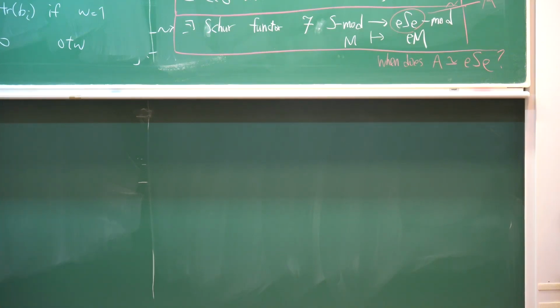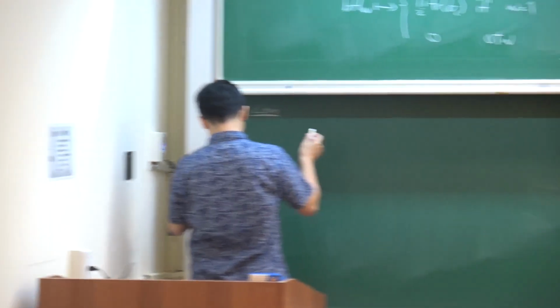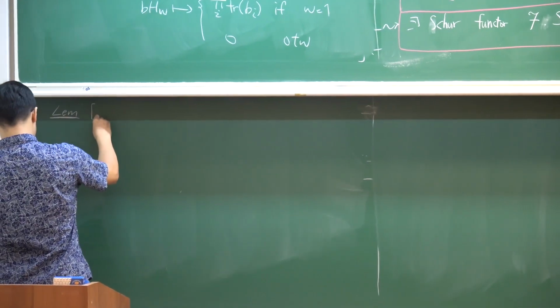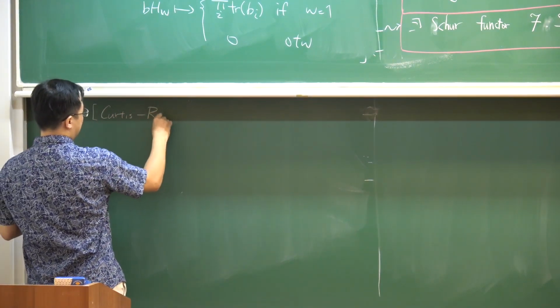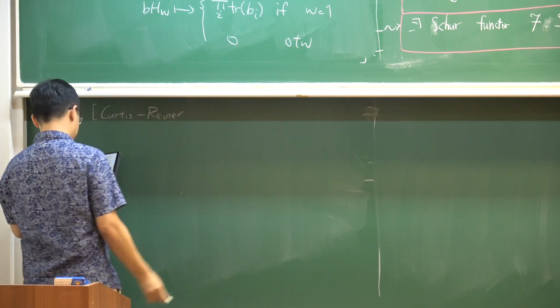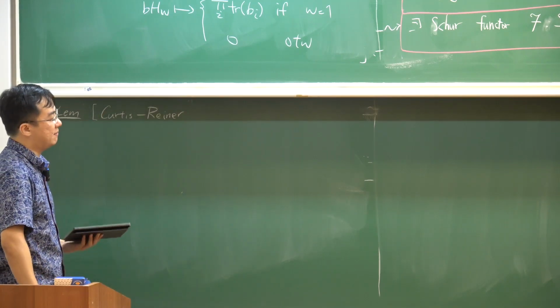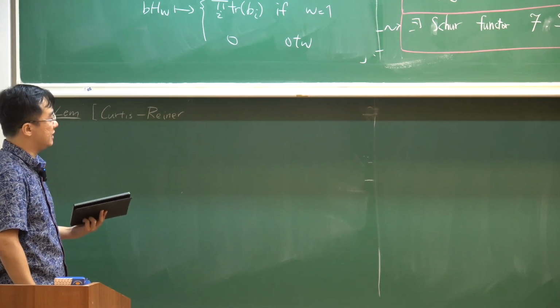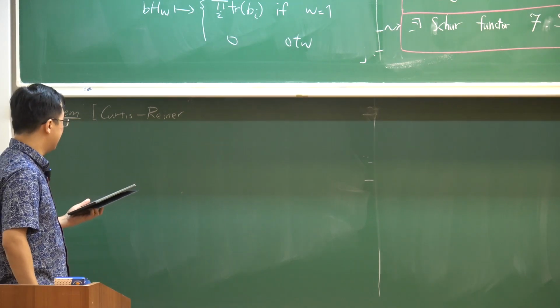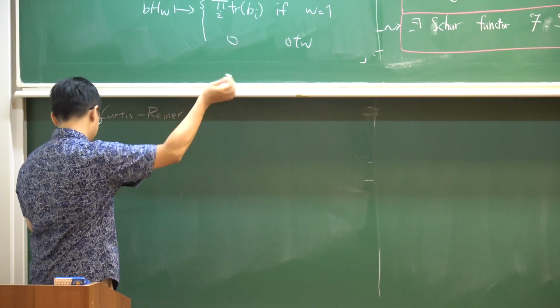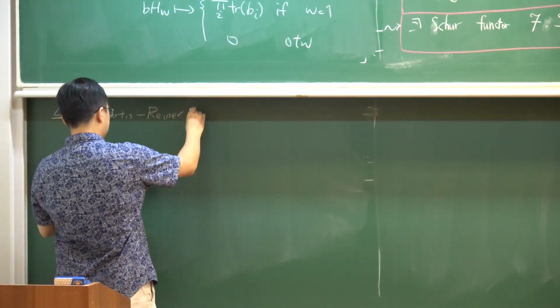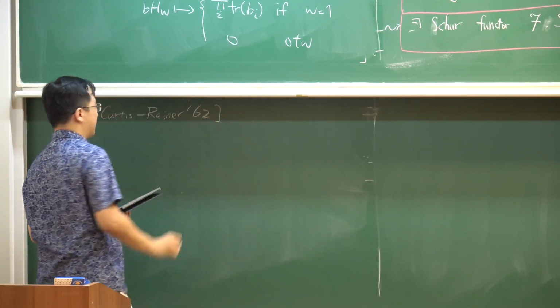To identify ESE with A, one can use a classical result. I don't know the source, but I found this in Curtis Reiner. I actually looked at one paper of König, Xi, and Slungård from around 2000, and they also said this can be found and is folklore in the huge volume of Curtis Reiner.